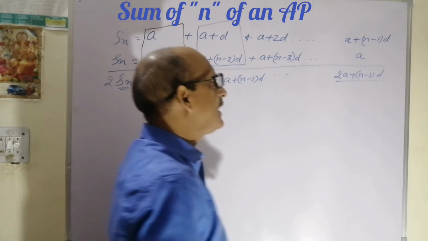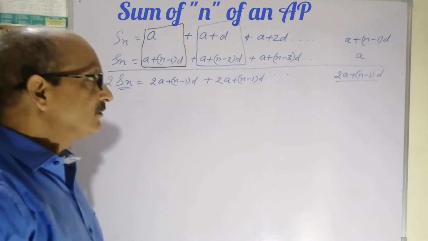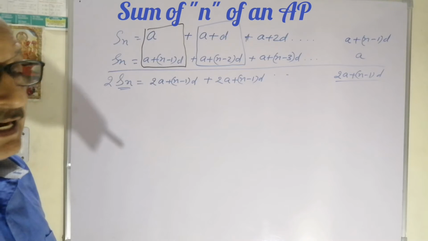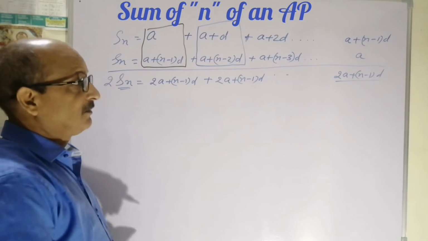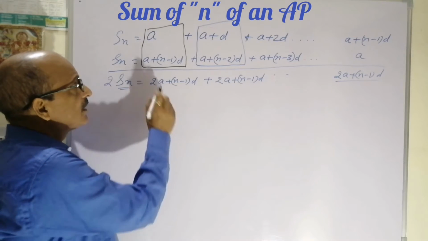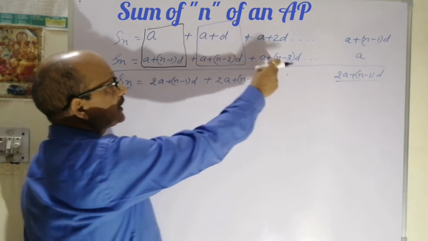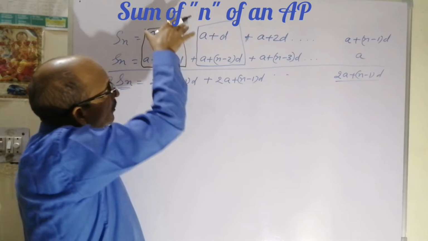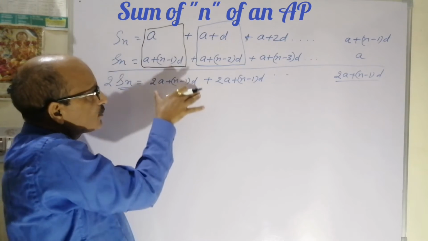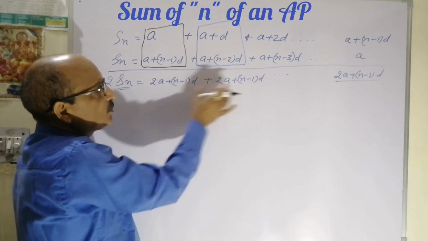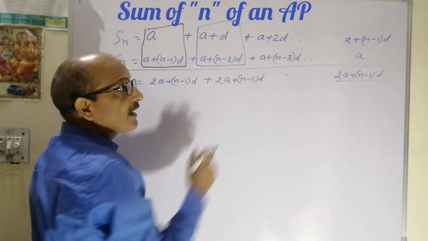In this way, when we add all these terms, we'll get n terms of the sum. How many terms? 1, 2, 3, n terms. Again 1, 2, 3, n terms. So the first two terms are added to consolidate into one term, and so on, up to the nth term.